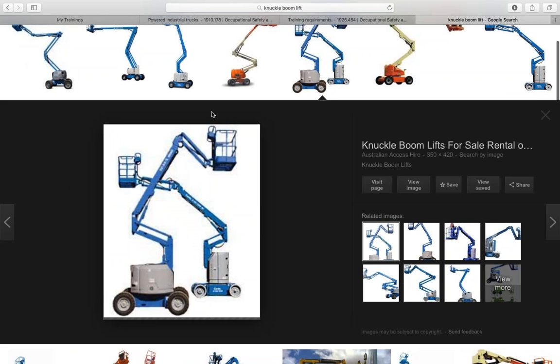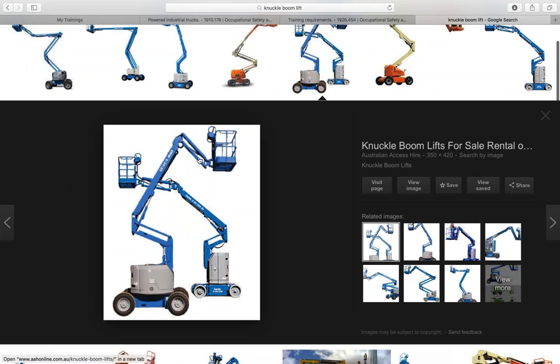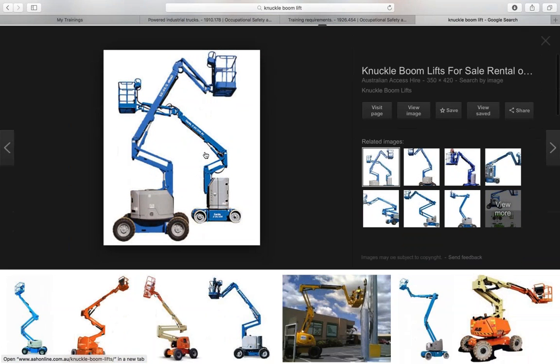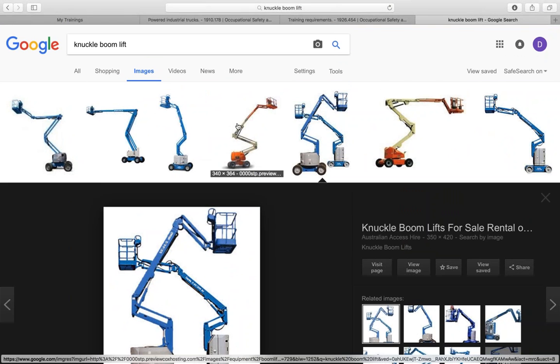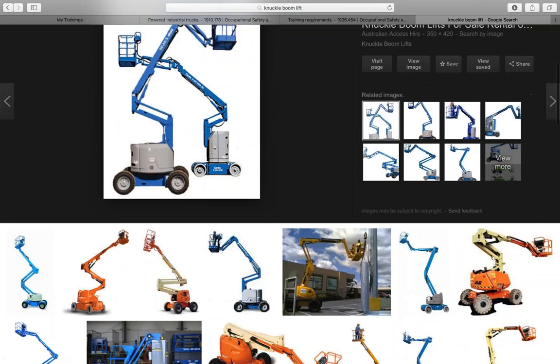I'm talking about one of these right here, where you see this additional part right here. And what it does is it'll allow an employee to bend up or down and articulate left and right often. Okay, so it's called the knuckle boom. Some of them have it, some of them don't. I usually just call them a regular lift, or an aerial lift, and then I'll call it a knuckle boom lift or a knuckle boom aerial lift. Okay, a boom lift and then a knuckle boom lift.